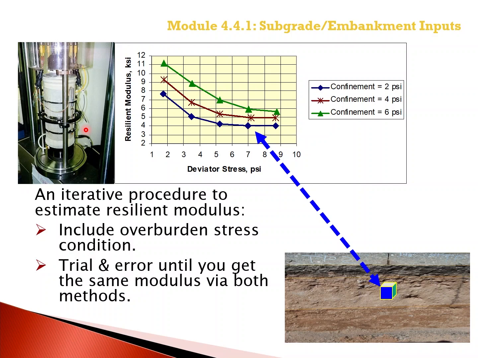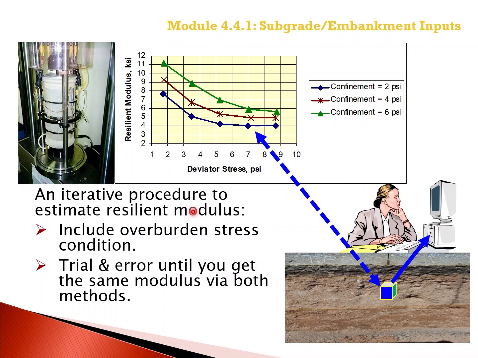This slide includes a schematic of the iterative procedure to estimate the design resilient modulus. The next slides provide an example of the iterative procedure and the determination of the constitutive equation for a fine-grained soil. The same would be true for a coarse-grained soil.